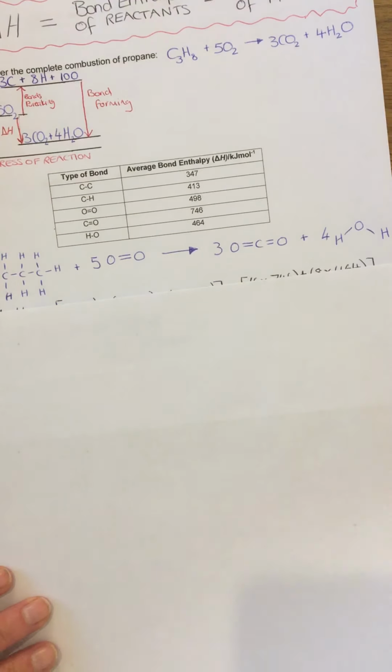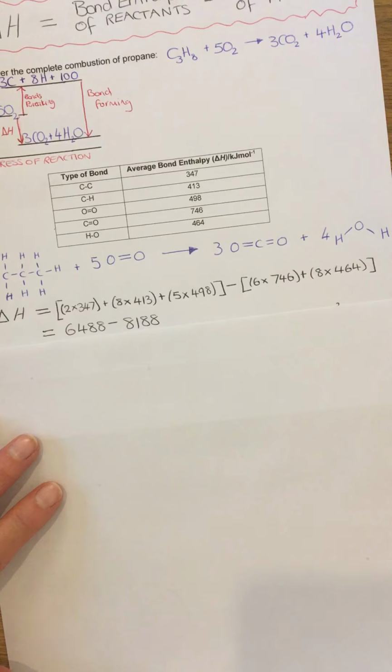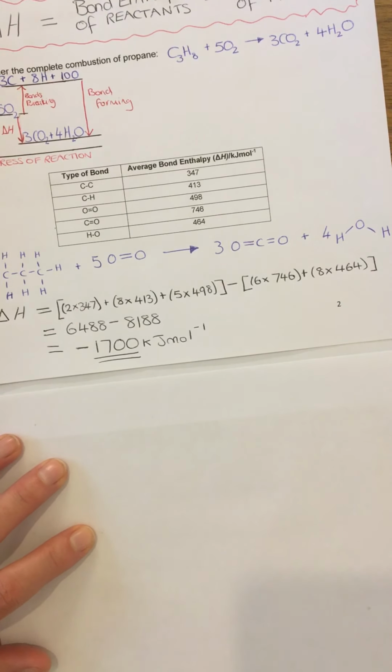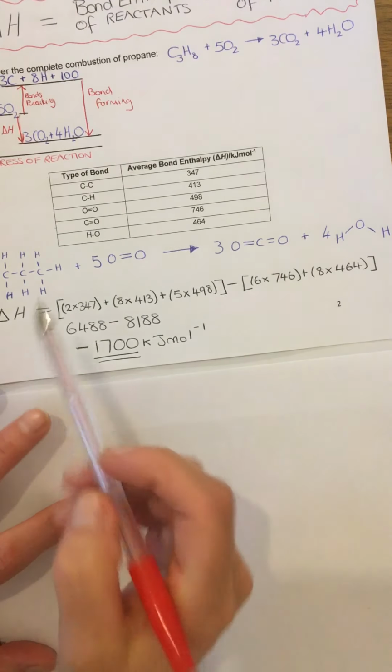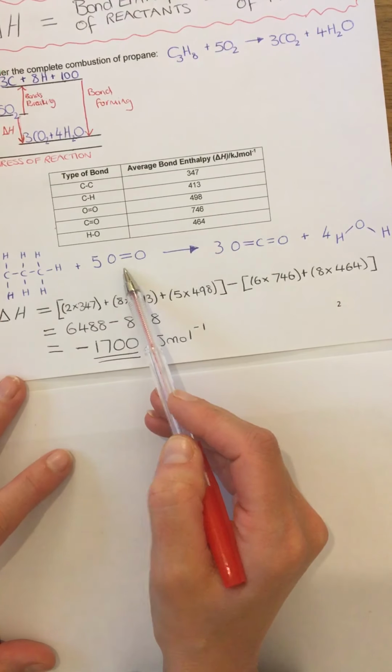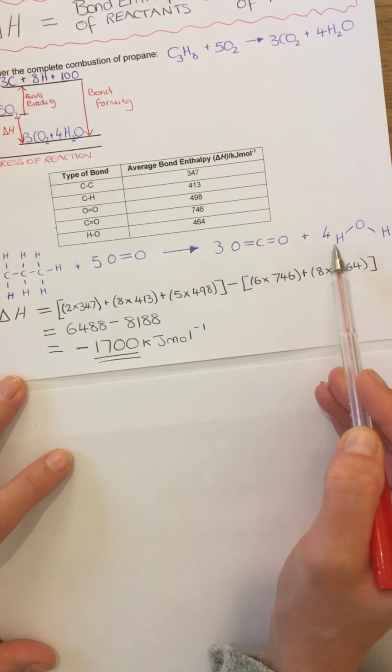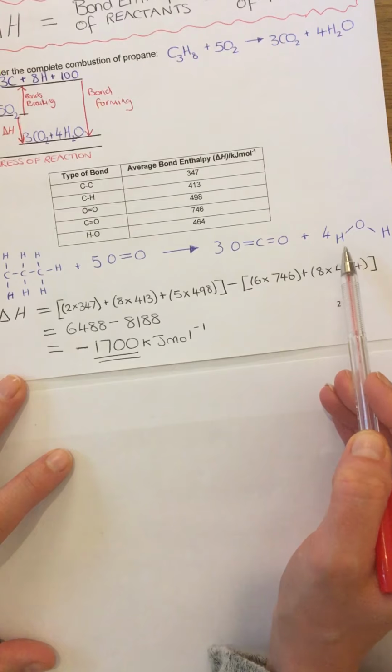So we've got the propane, the 5 oxygens, the 3 carbon dioxides, and the 4 waters.